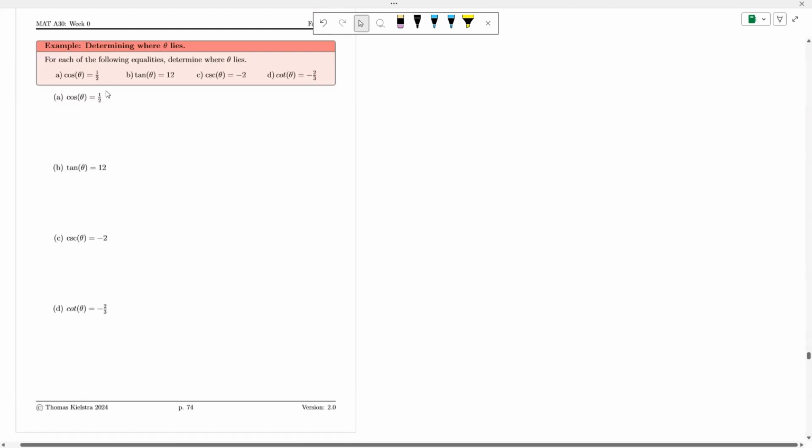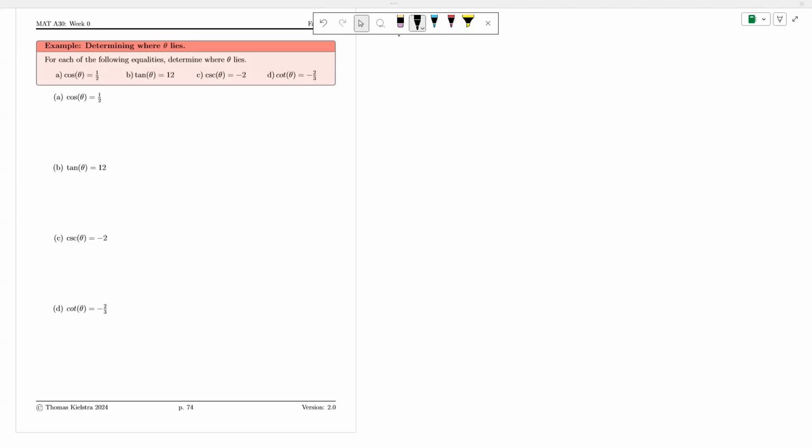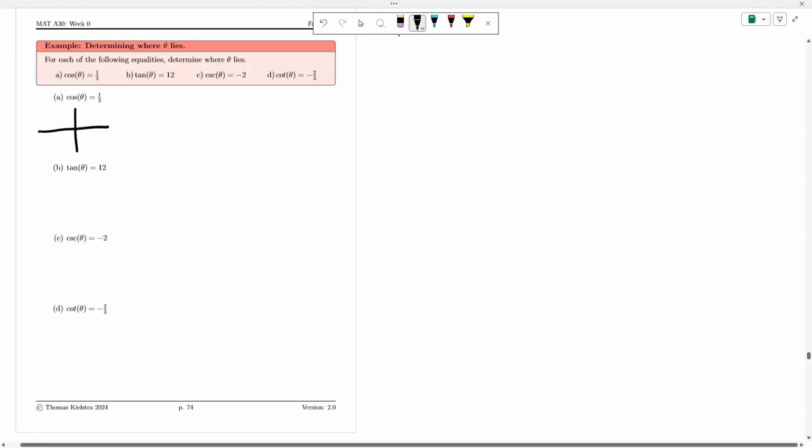So here, we want to determine where theta lies based on the output. Our first angle that we have is cos of theta equals 1/2. If I draw my quadrants and go CAST, cos is going to be positive in these two quadrants, because 1/2 is greater than 0.